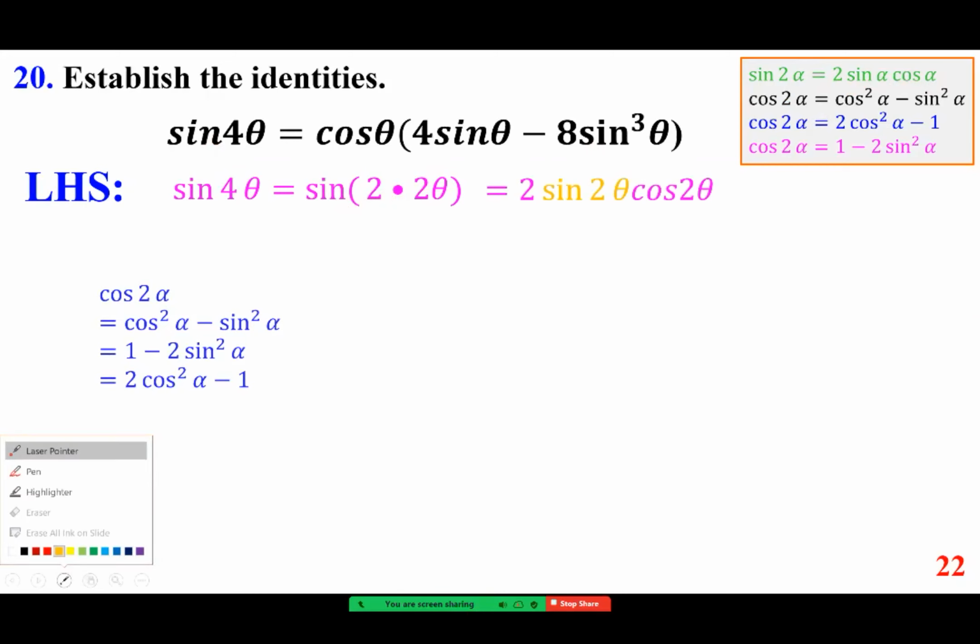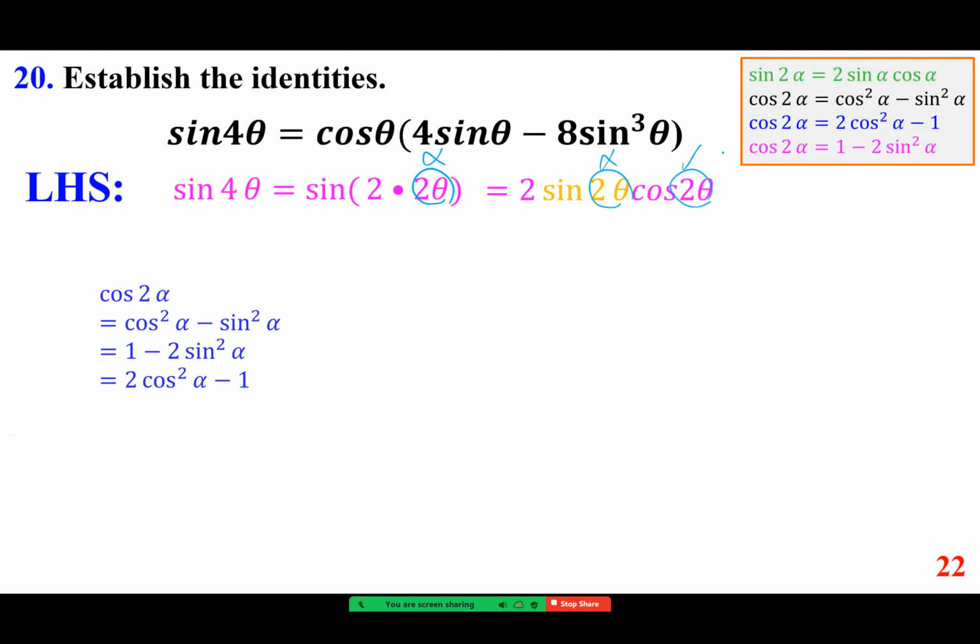Again, imagine this is alpha. This is a different method. So 2 sine 2 theta cosine 2 theta. Now, what is sine of 2 theta?